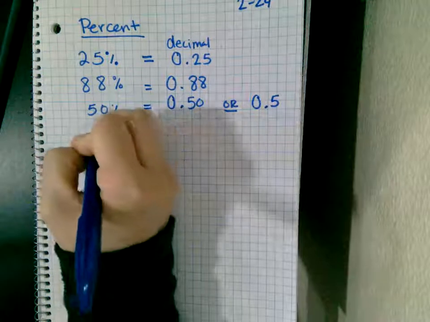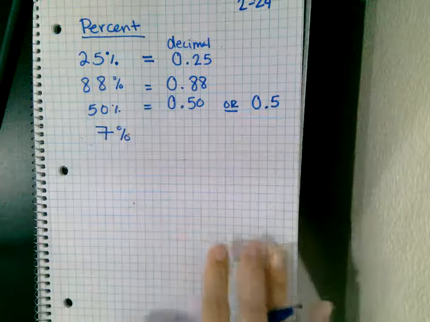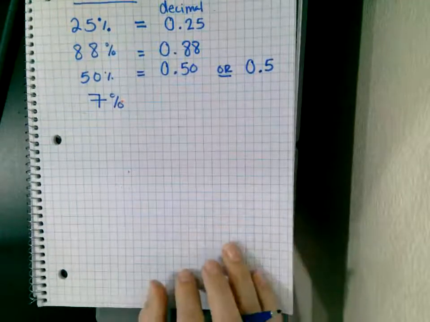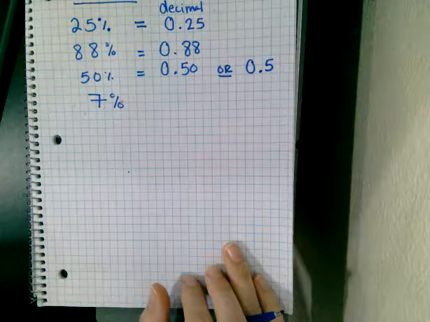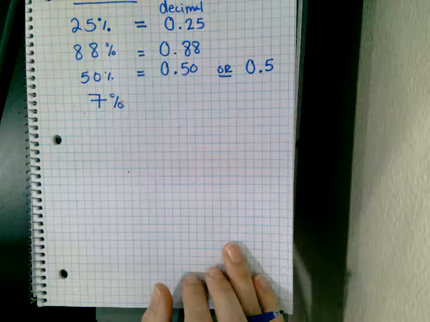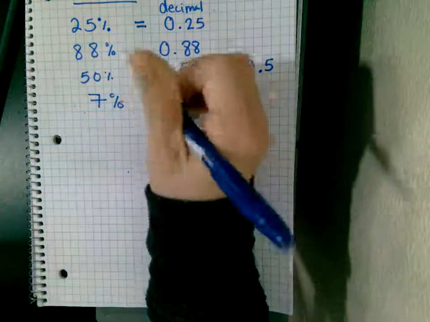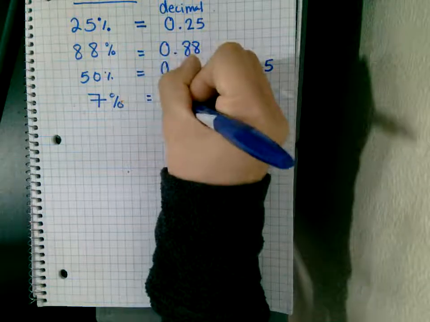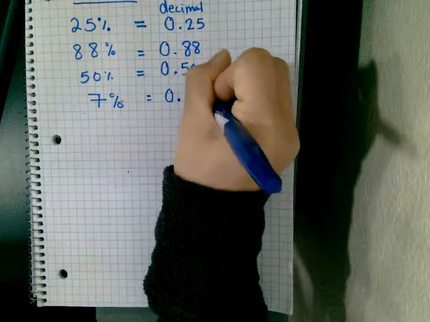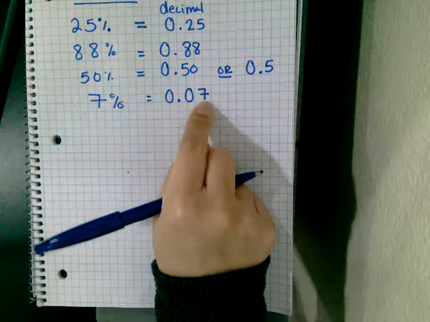What if I give you 7%? What would be 7% written as a decimal? Yes, Belen. It would be 0.07. So there's a zero right there in front of the number 7.